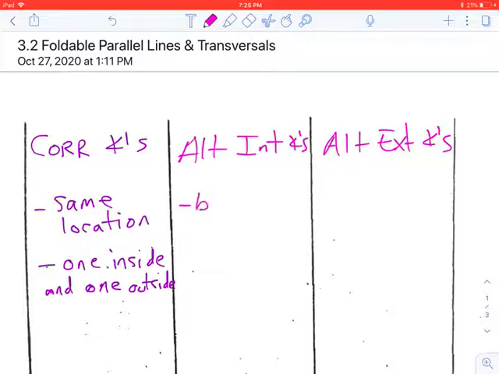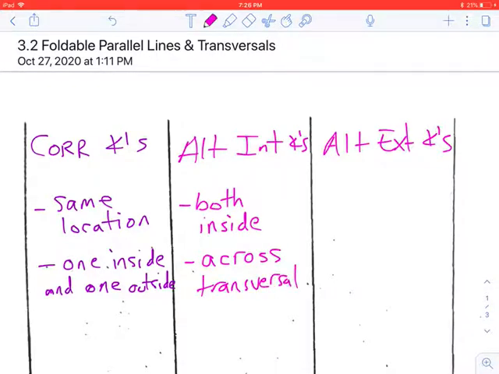So first of all, they're both interior. They're both inside. And for alternate interior, they're both inside, and you got to go across the transversal to get to the other angle.